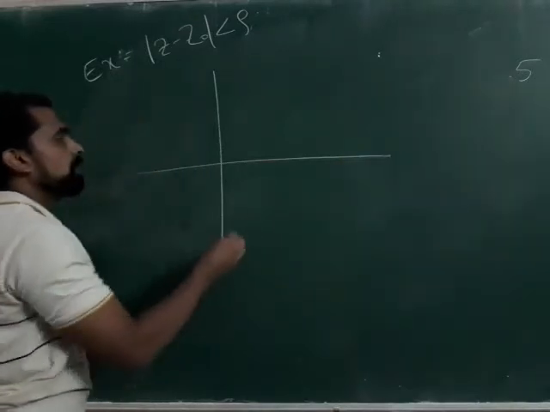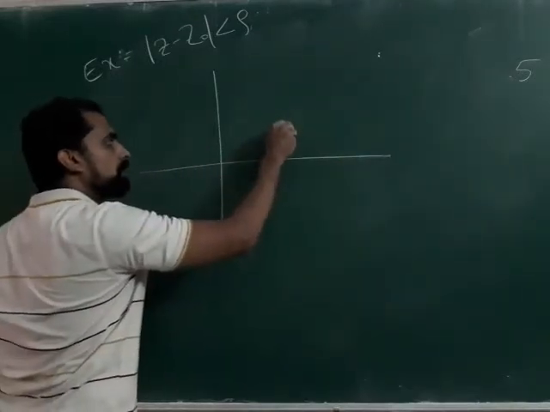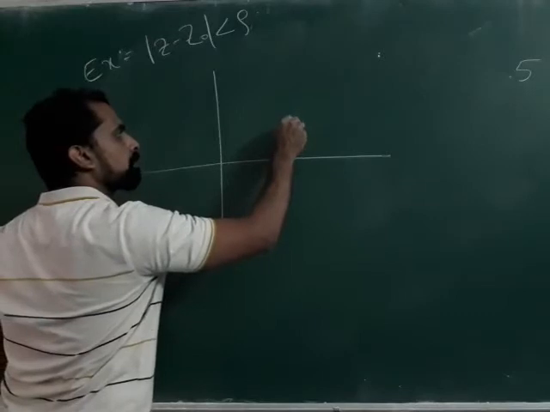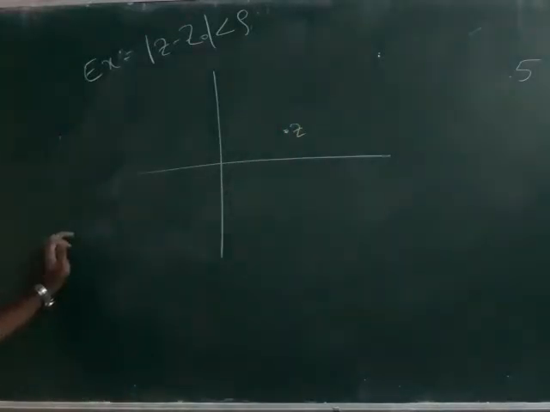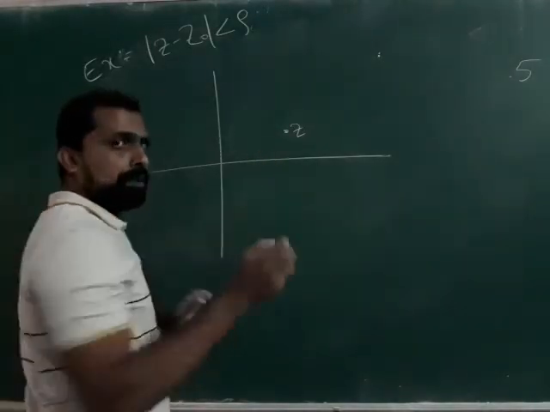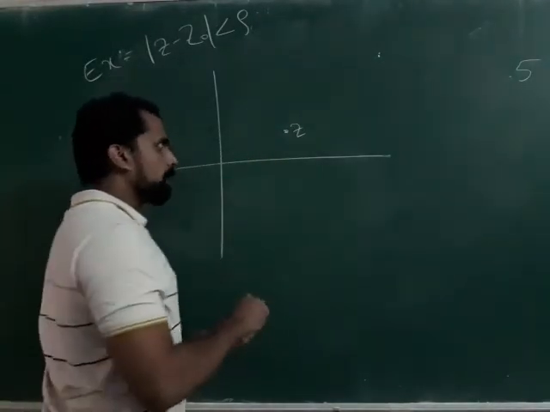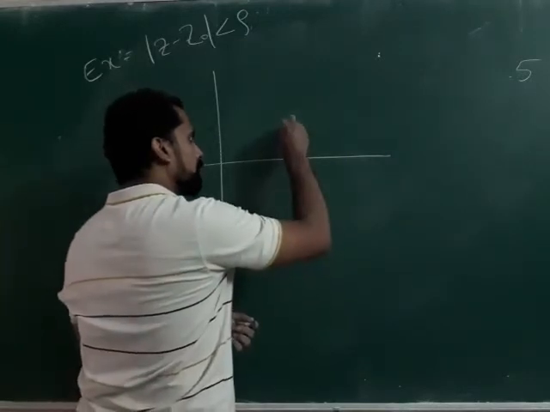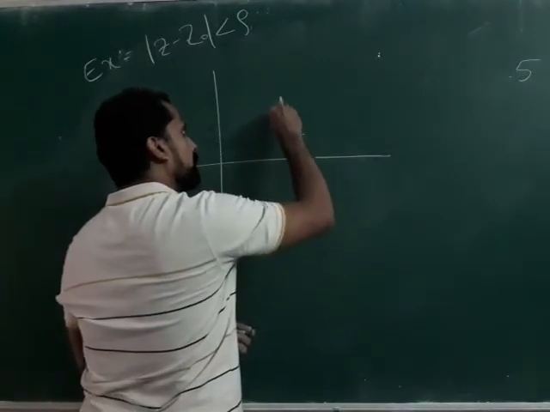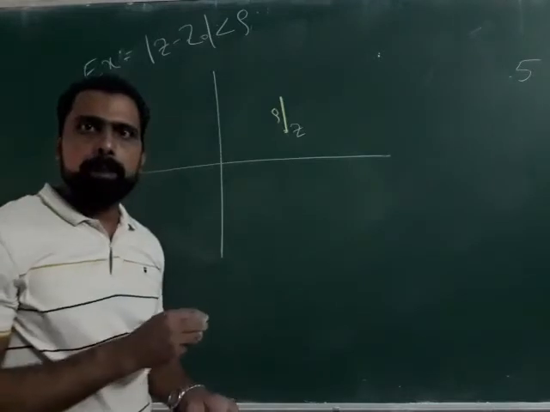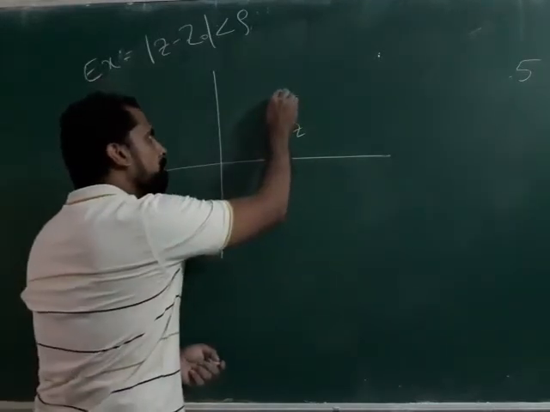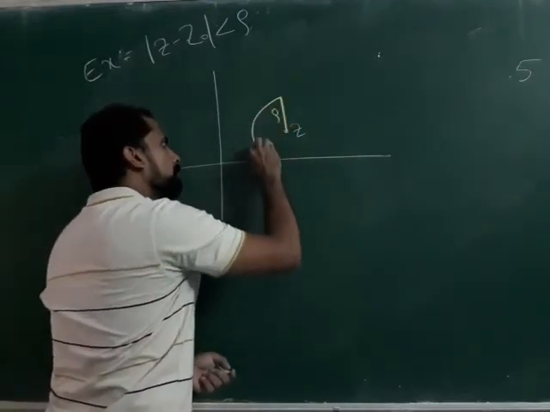For example, this is your point, and you take the radius rho, this is the radius rho, and draw the region.